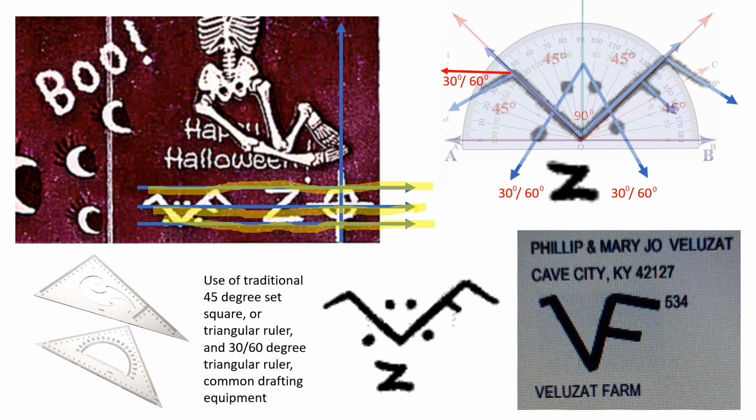And then when we look at this branding, we can also see the same geometry coming through. So we have the 90-degree angle here and the 45-degree for the V. We then also have the dots lined up in the 30-60, which is classic geometry, symbolism that you may have seen elsewhere. And then even the way that this tail is moving off from the main 45-degree, that's at 30 degrees.